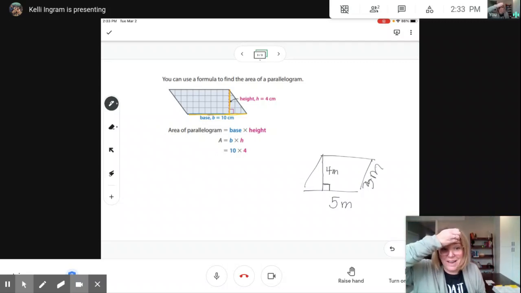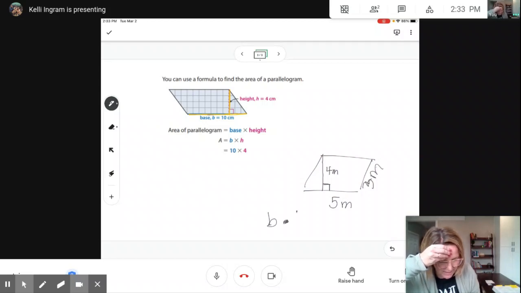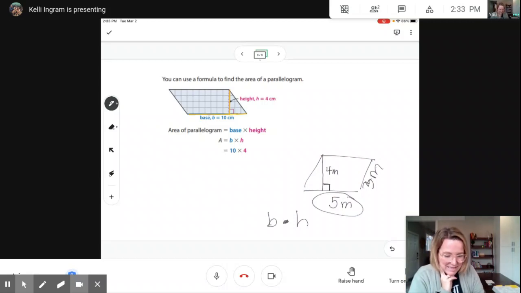When I go to find the area, I'm going to do base times height. Base here is 5. The height is 4.